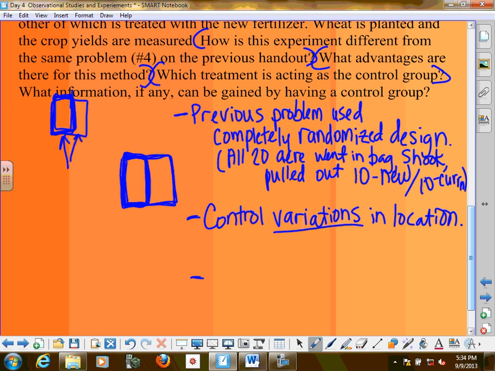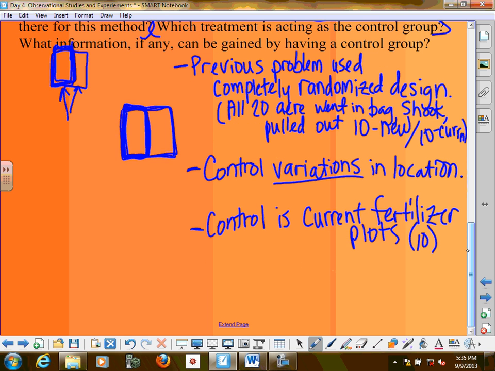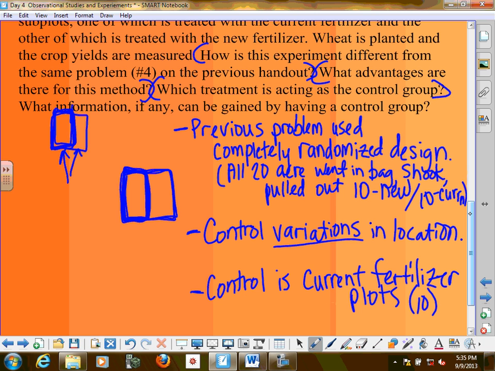All right, so the control group is going to be the current fertilizer plots. So you'll end up having 10. There are 10 of them. They're just sprinkled throughout the county. Okay, you'll end up having 10. And what information can be gained by having the control group?